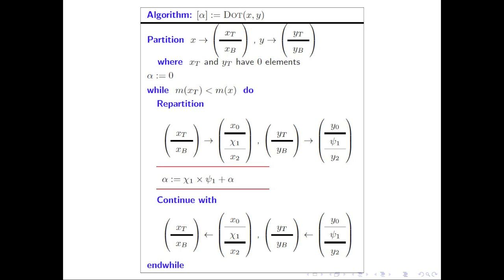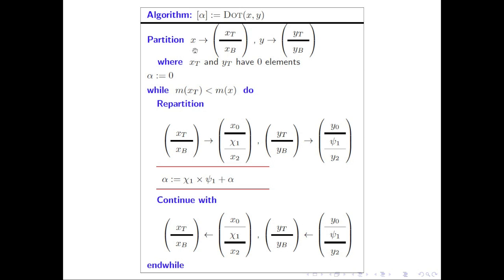In this algorithm, the top parts track the parts of the vectors with which we have finished. The bottom parts track the parts with which we have yet to compute. So, initially the top parts have no components in them. We also initially set alpha to 0.